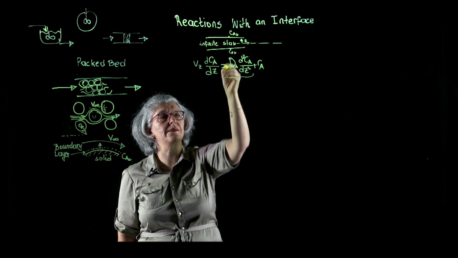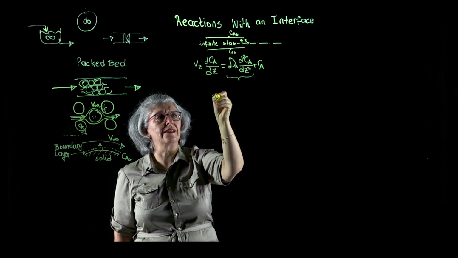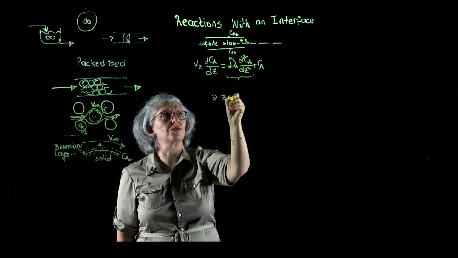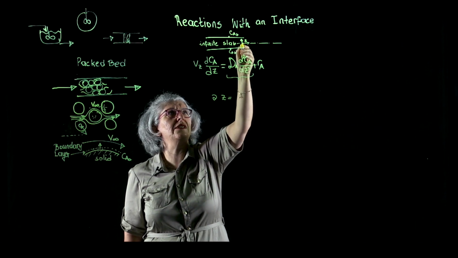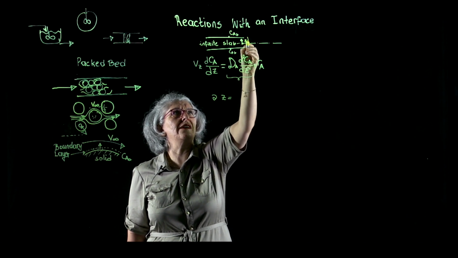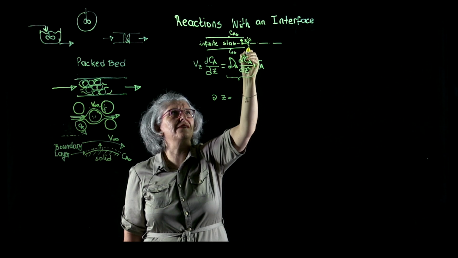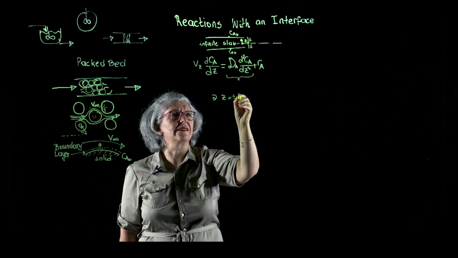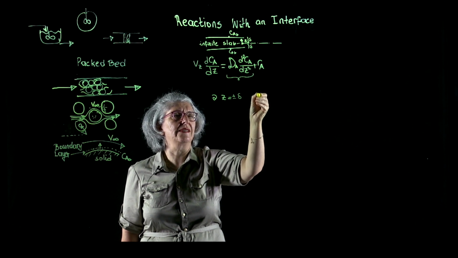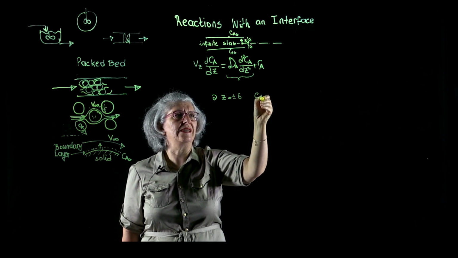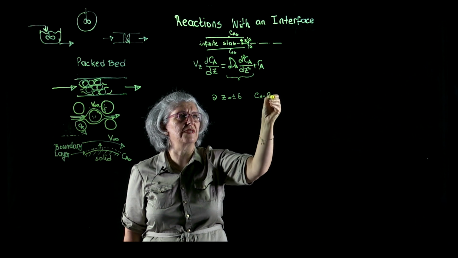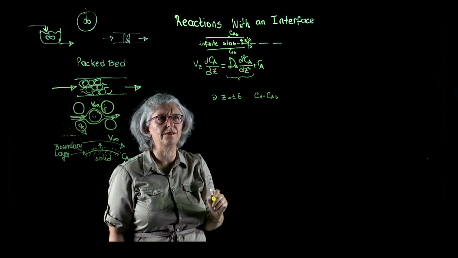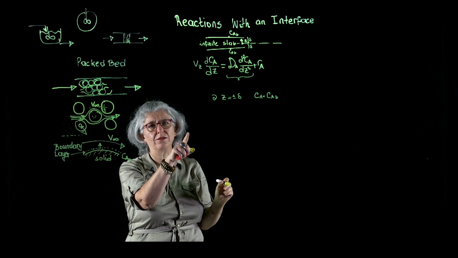This is the slab, with Z starting from the center, so at Z equal to plus or minus delta, we have Ca equal to Ca bulk. Now, with that, we provided two boundary conditions.